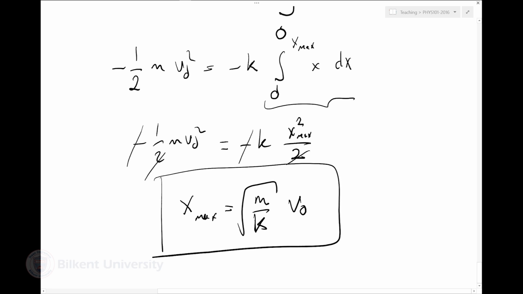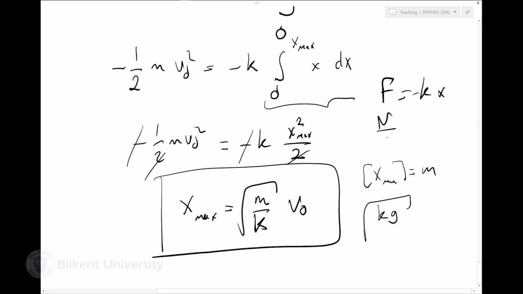Let's check units very fast. This is the last thing we'll do. What should be the unit of x max? Meters. Square root of kilogram. Aha. What is the unit for spring constant? F is minus kx. So Newton divided by meter is the unit for k.